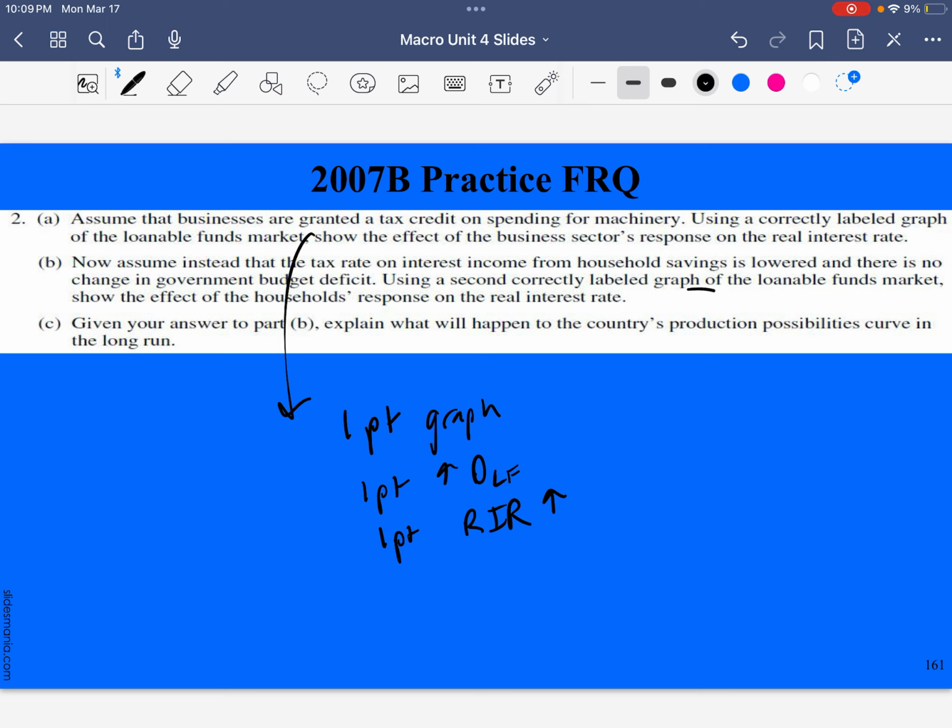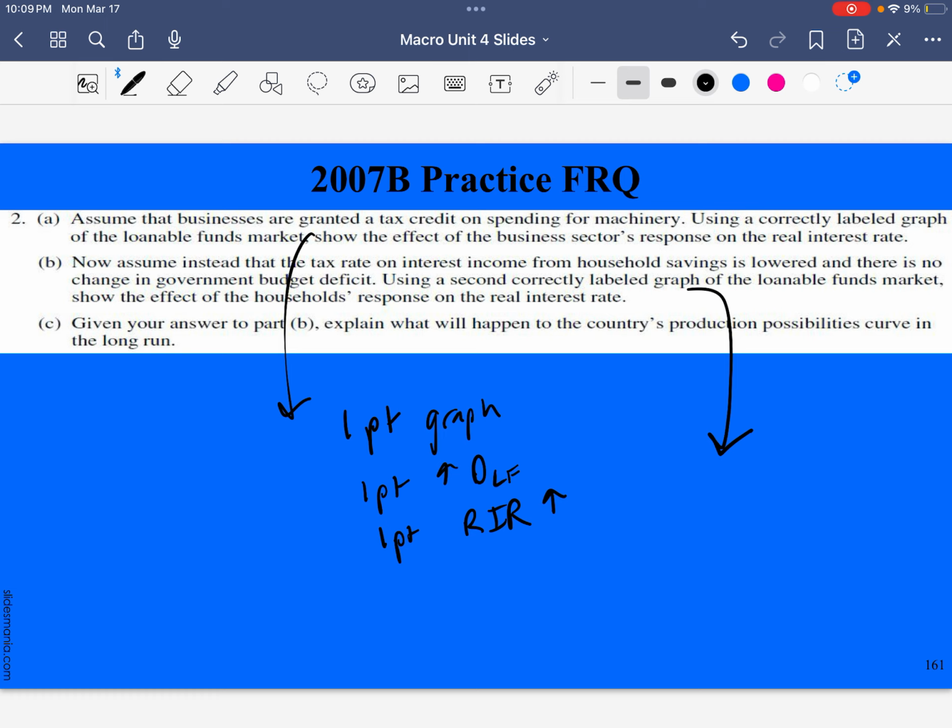It tells you to do another loanable funds. Assume instead that the tax rate on interest income from household savings is lowered. There's no change in government budget deficit. Using a second correctly labeled graph of loanable funds, show the effect of the household's response on the real interest rate. So again, you're going to get a point for the graph, a point for shifting it the correct way, and a point for saying what happens to real interest rate.